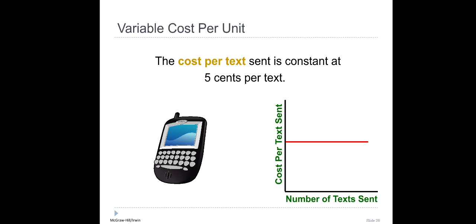That is total variable cost. But unit variable cost is the same. If you produce two bottles, the variable cost per unit is still $1.50 per bottle of direct material. Let's say you produce 3 bottles. The total variable cost is 3 times $1.50, so $4.50. But unit variable cost is still $1.50.